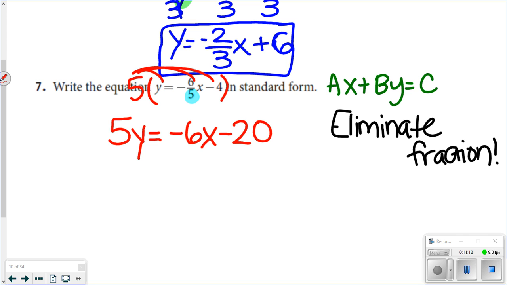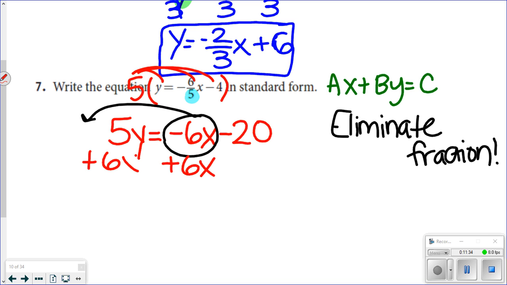Now, what do we have to do? What do we need to move? The x and y terms have to be together on the same side. This guy has to move over here. So how do we move a -6x, or what's the opposite? We need to add it. And which one needs to be out front? Your Ax or your By?